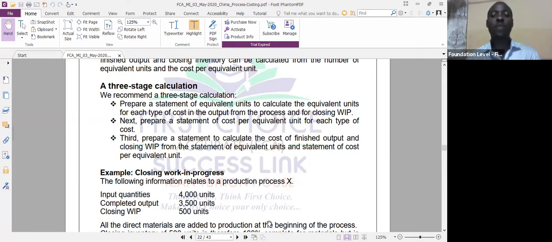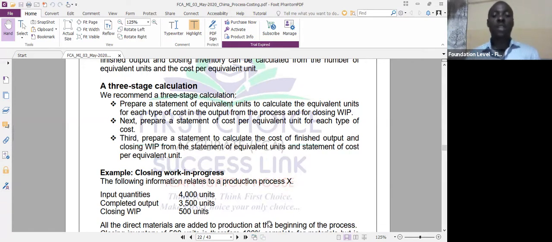That means we're going to prepare a statement for equivalent units for materials. You prepare a statement for equivalent unit for labor. The next one is to prepare a statement of costs per equivalent unit for each type of cost. So after you've gotten the equivalent unit for material, you need to get the costs per equivalent unit of material.